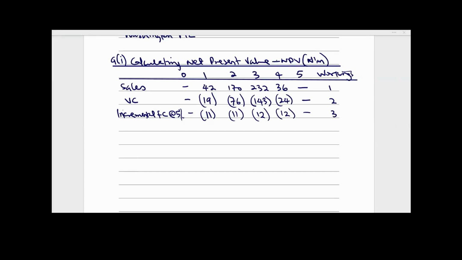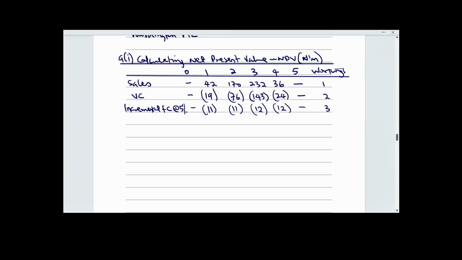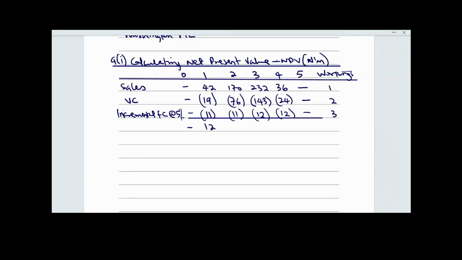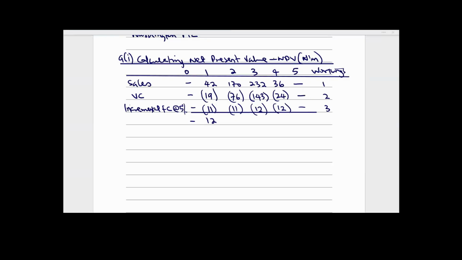Then let's continue with our calculation. Since there is no other relevant cash flow, let's determine the profits. So 42,000 minus 30, this will give us positive 12. Here is dash. 170 minus 87, we got 83.